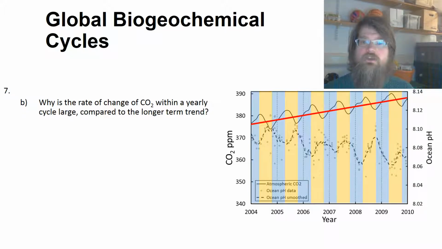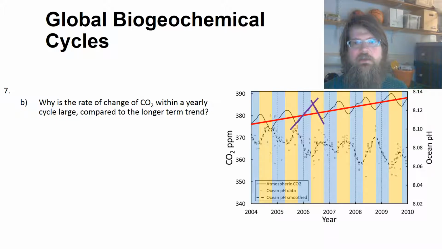The long-term trend is a gradual increase in CO2 concentration year on year. But superimposed on that we also have this annual cycle, and that has steeper rates of change. So the question is asking, why is the slope of the line within the year much higher than the long-term trend? Okay.